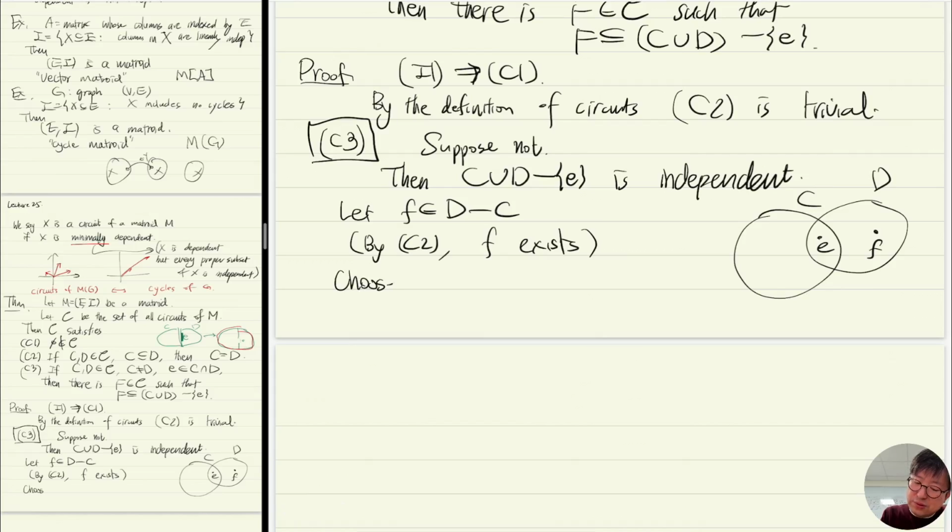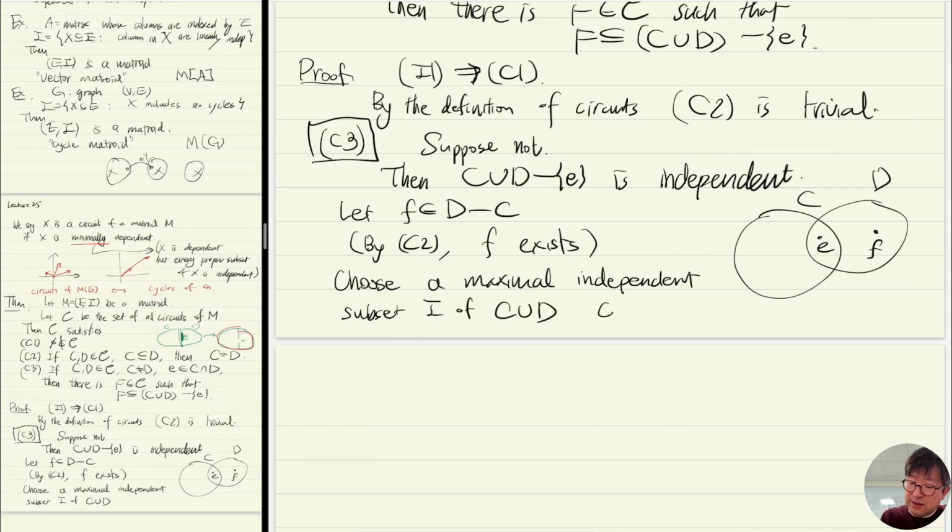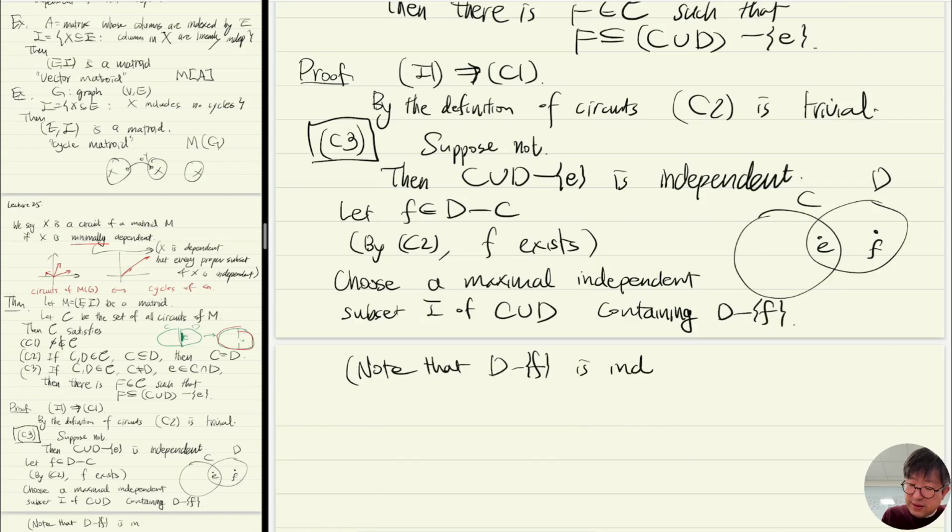All right. Now choose a maximal independent subset I of C union D containing D minus F. Why do I say that? Well, note that D minus F is independent.